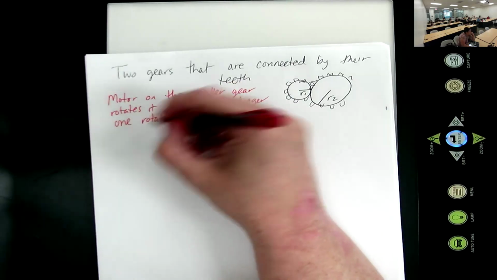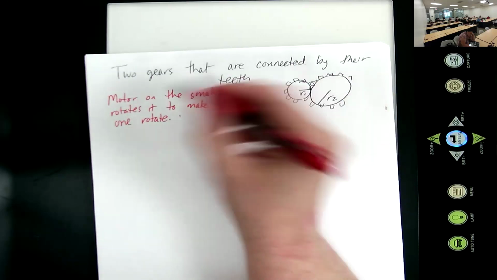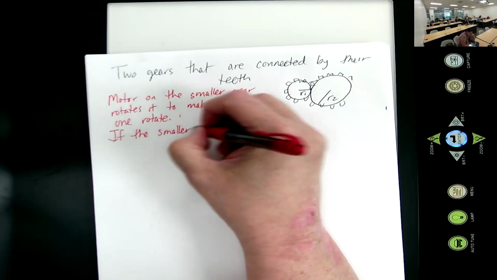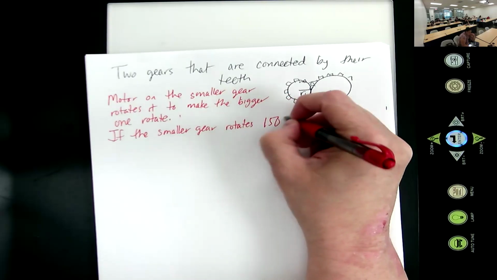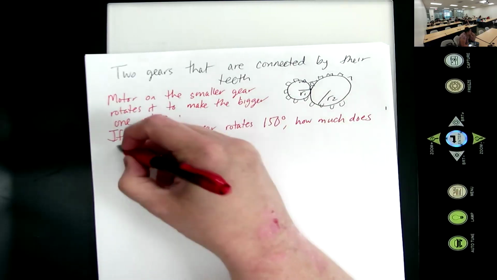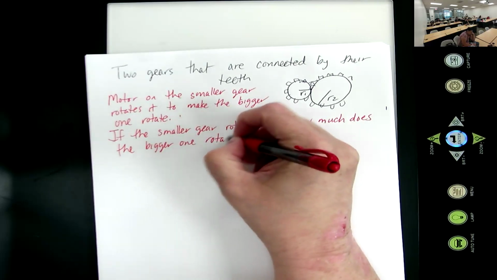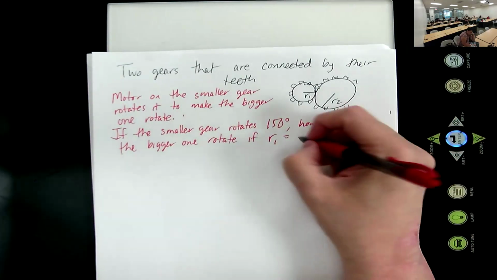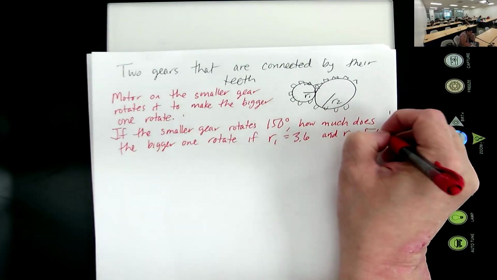Let's give the problem real quick. If the smaller gear rotates 150 degrees, how much does the bigger one rotate? If R1 is 3.6 inches and R2 is 5.4 inches.